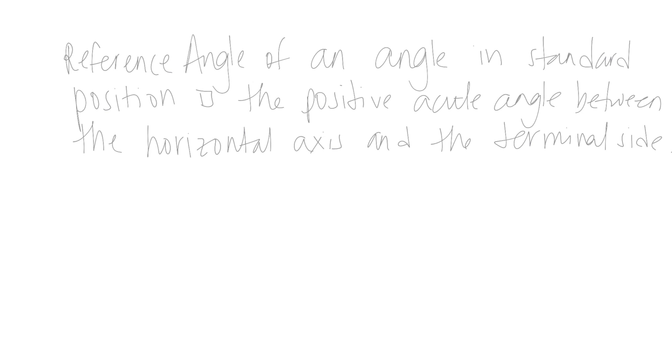So if I want the reference angle of 150 degrees, I would first sketch out that angle. So 150 degrees is in quadrant 2, right there, right? It's between 90 degrees and 180 degrees. The reference angle is going to be the angle that it makes with the x-axis.